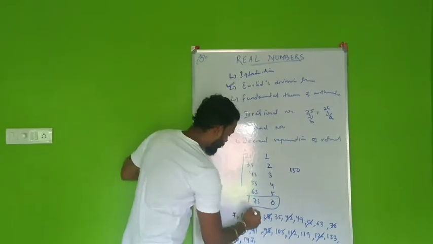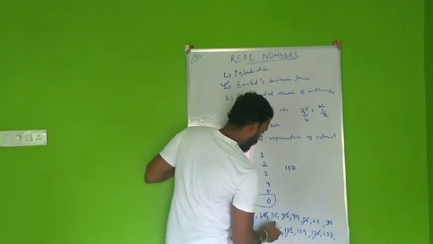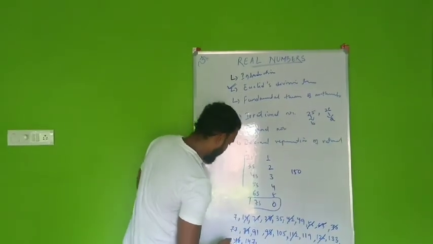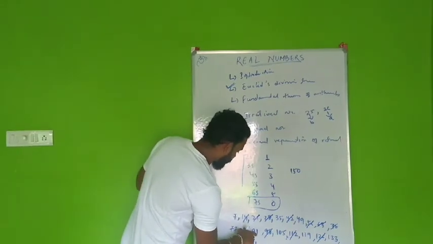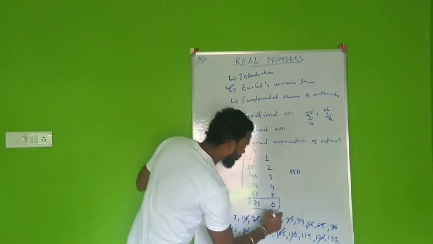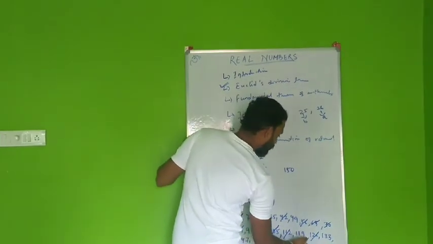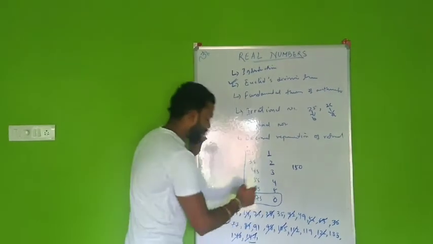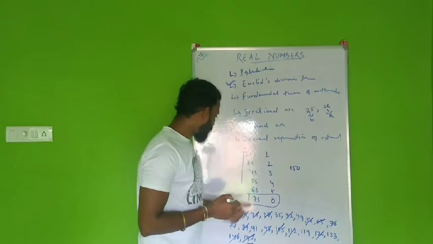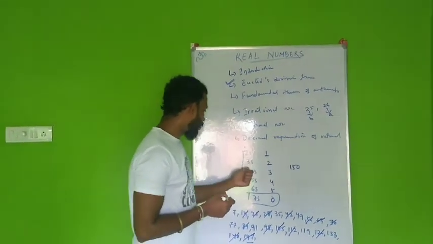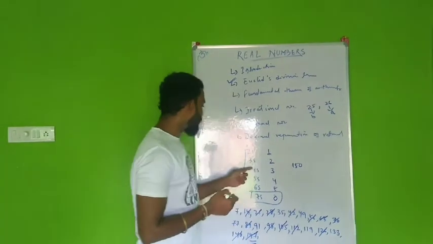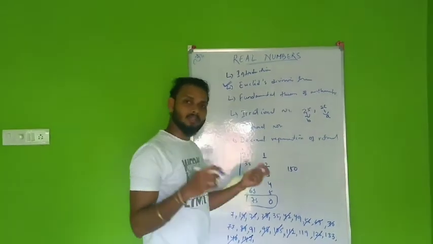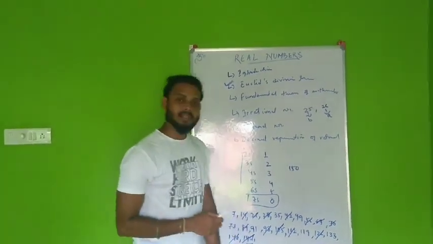Obviously this is divisible by 3, then this is divisible by 3, this is divisible by 3, and this is divisible by 3. Now let us consider the numbers divisible by 4. Here there are no numbers divisible by 4, because if a number is divisible by 4, it is also divisible by 2, and I have already eliminated the terms divisible by 2.